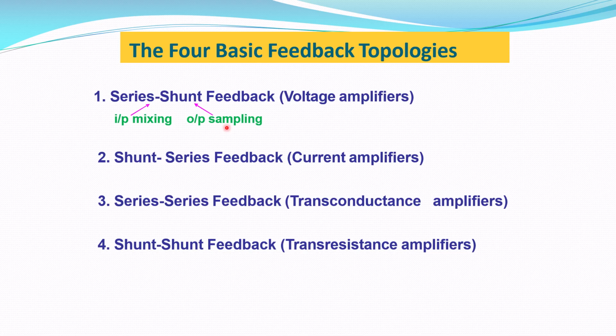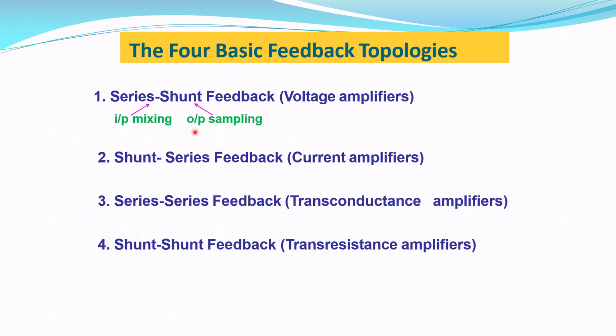In the previous block diagram, I discussed the sampling network and the comparator network. So here, based on the voltage and current input, we are fixing the input in series connection and the output of the network in shunt connection. Based on the input mixing and output sampling, the shunt-series and series connections have been defined.